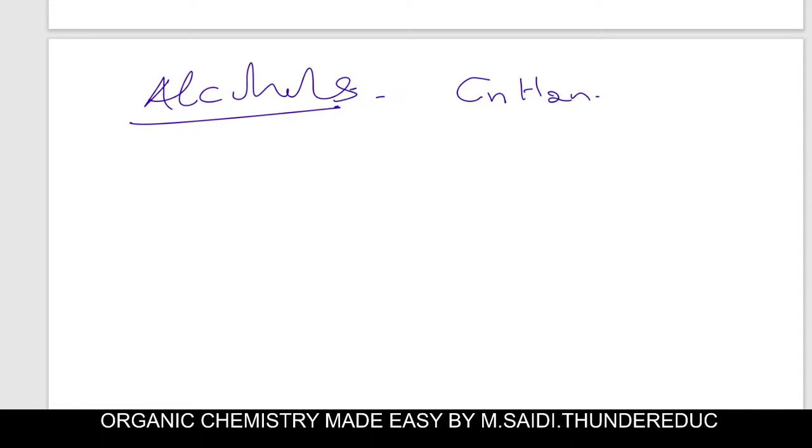Remember, this is the general formula for an alkene. But now, because alcohols have the oxygen and the hydrogen, replacing one hydrogen from an alkane, it means that I have to add that OH on it.